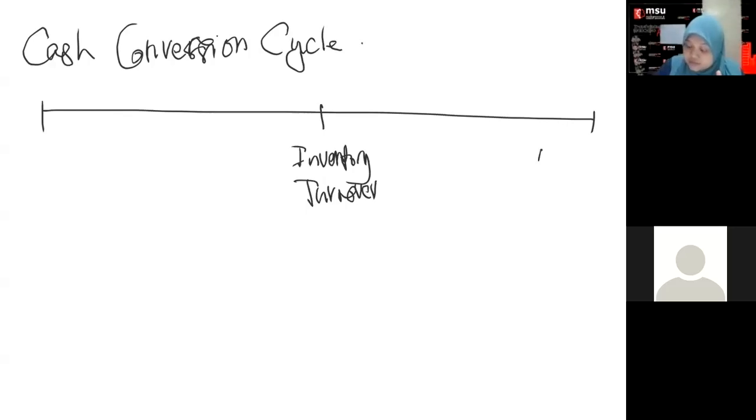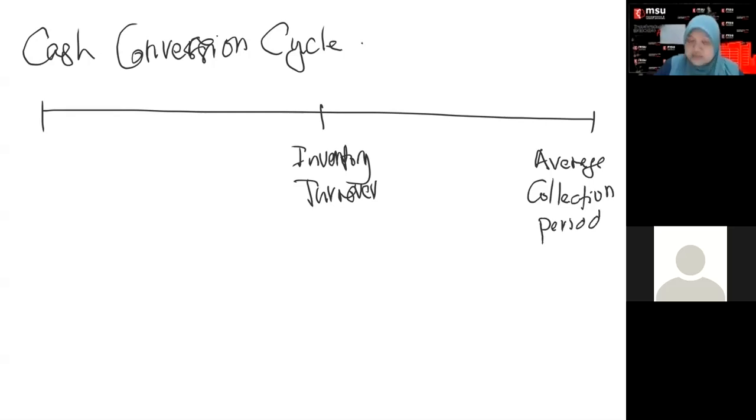Then we look at account receivable turnover, or in other words, the average collection period. The calculation of inventory turnover and average collection period, you already learned in financial ratios, so I don't need to explain further on this part.